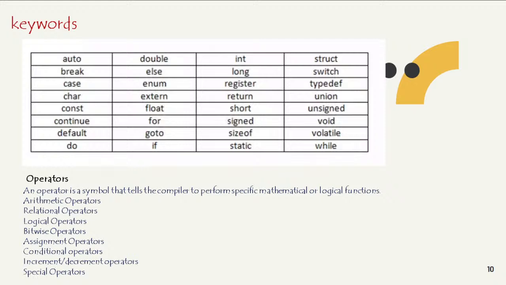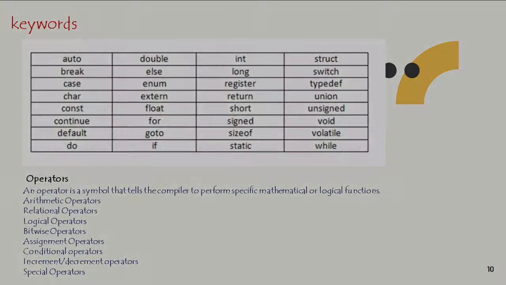Semicolon is a special operator which is used for line termination. Asterisk is a special operator which is used for multiplication or for a pointer variable. Sizeof is also a special operator which is used to know the size of a variable or any data type. So this is in brief about operators. I will discuss these operators in an explanatory way in tomorrow's class.